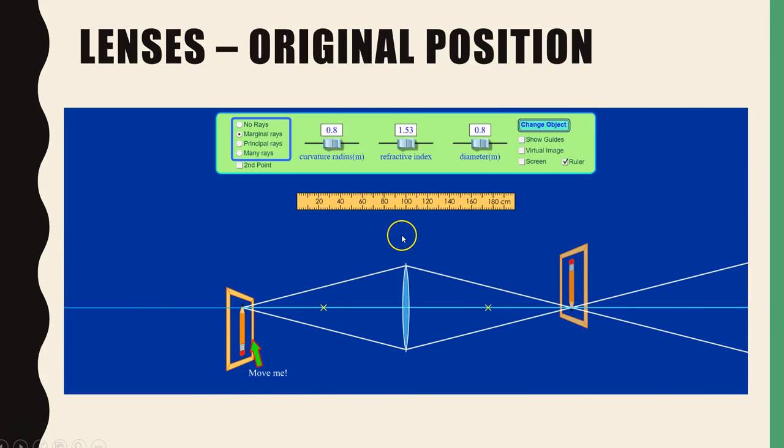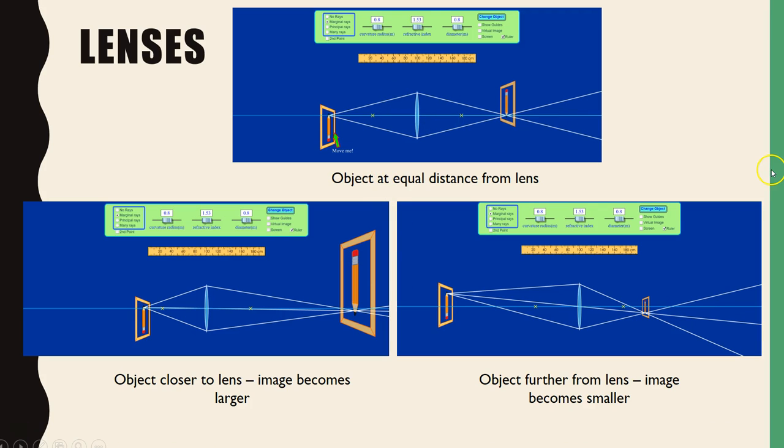This is showing exactly the same results with the simulation. As you move the object closer to the lens, as in this diagram here, this was the initial diagram, over here you moved it closer, the image over here is now larger in size, and it's the other way around.